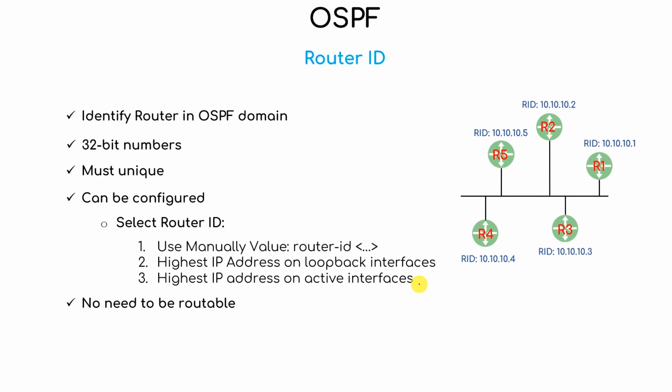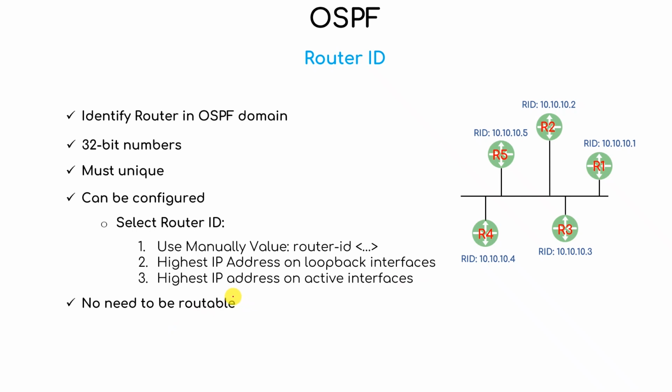So the condition for OSPF to work is that the router has at least one active interface with an IP. And importantly, the router ID does not need to be routable. The reason is that the router ID is included in the hello message, so it doesn't need routing between routers.